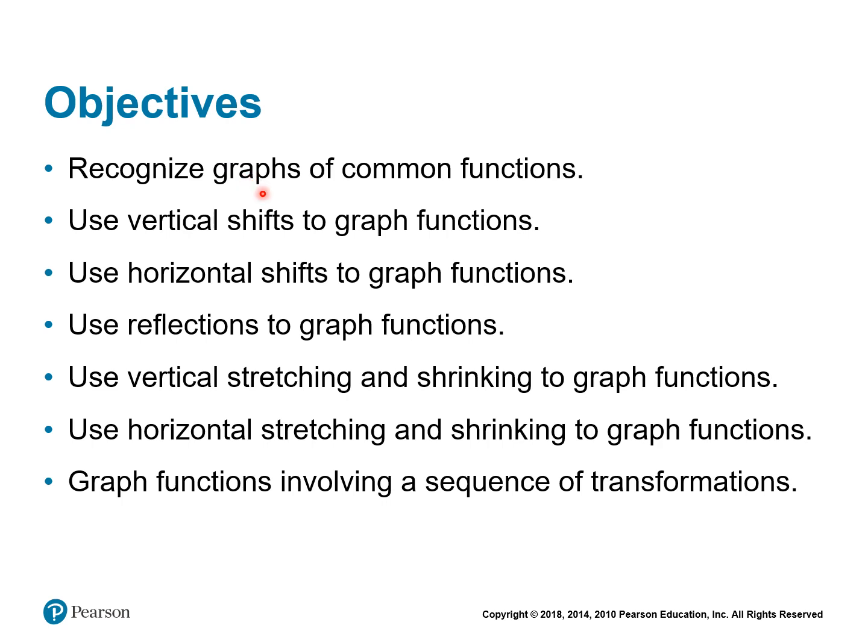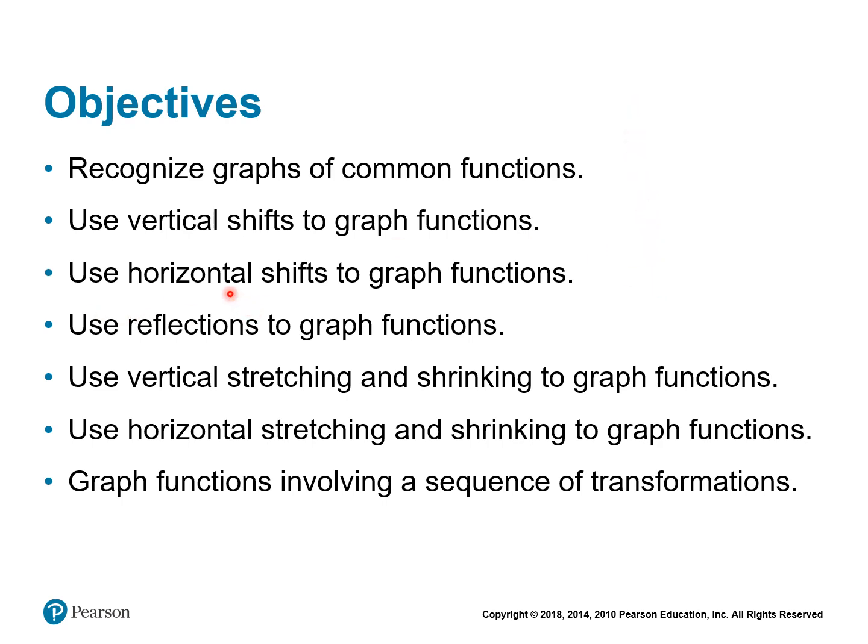And then we are going to see what would cause those graphs to slide up or down. Vertical shift means up or down, correct? So we should be able to figure out by looking at the equation whether the graph is going to slide up the y-axis or down the y-axis.